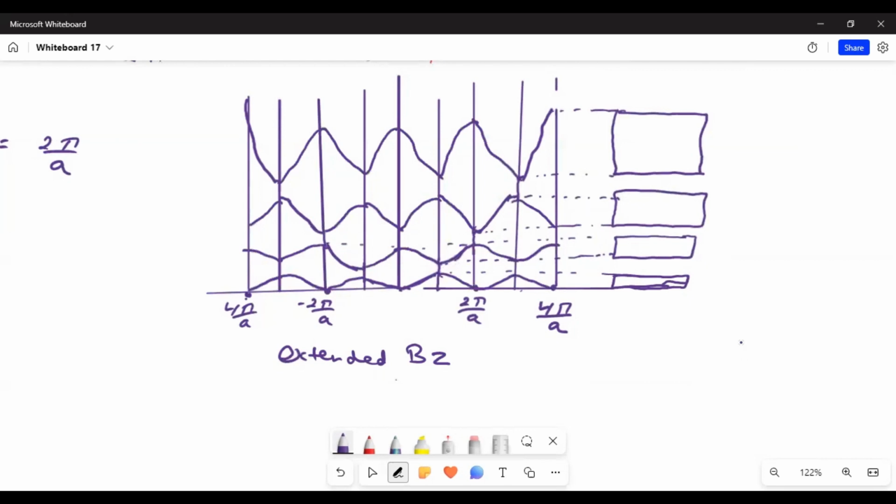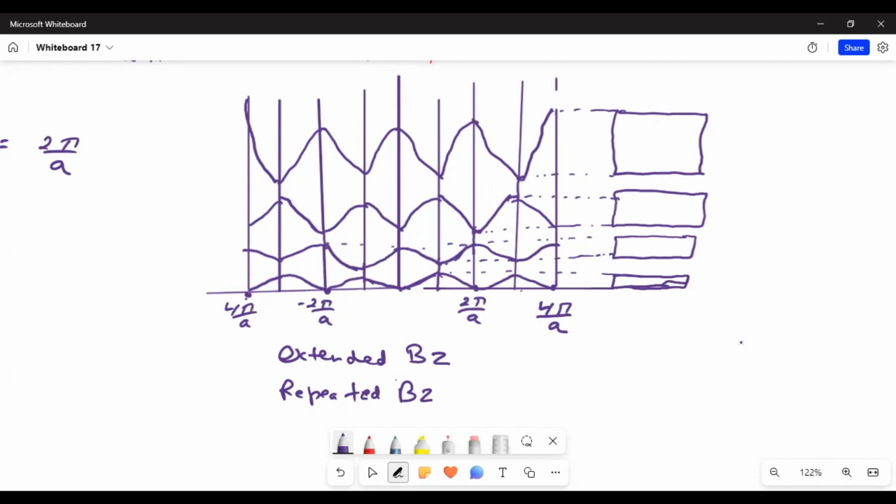This kind of representation is called the repeated Brillouin zone. That's why when you draw an E-k diagram multiple times, this is how it is shown.